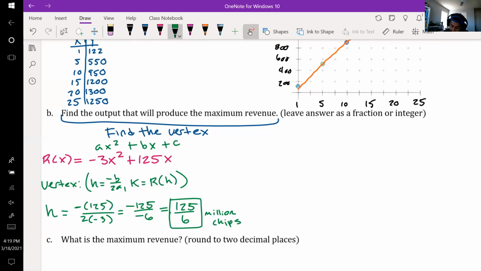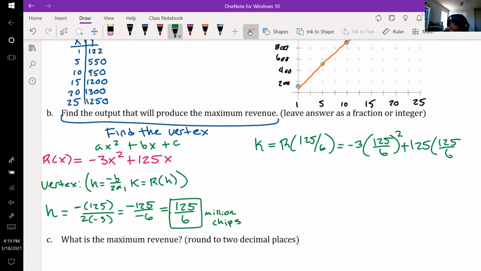So all we have to find is the k value now, which means we take 125 over 6 and plug it into the revenue function. So you'll get negative 3 times 125 over 6 squared plus 125 times 125 over 6.